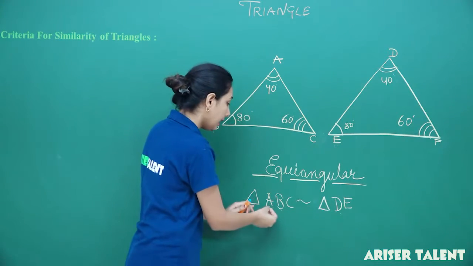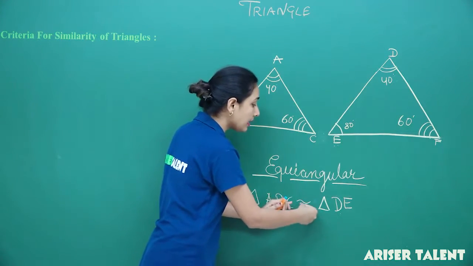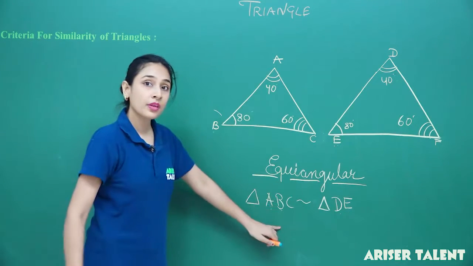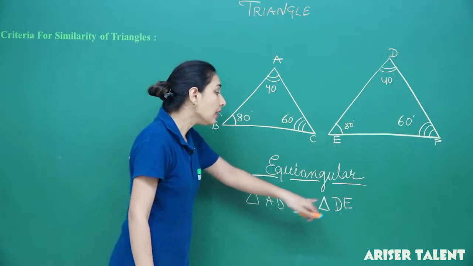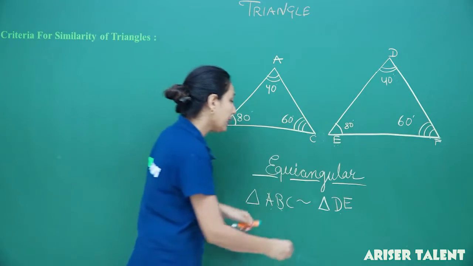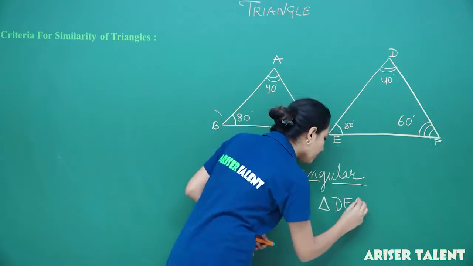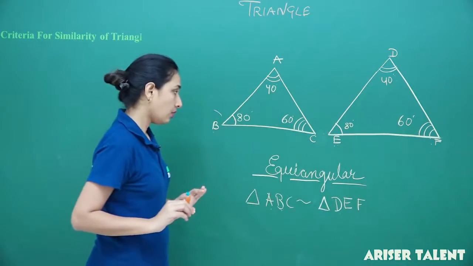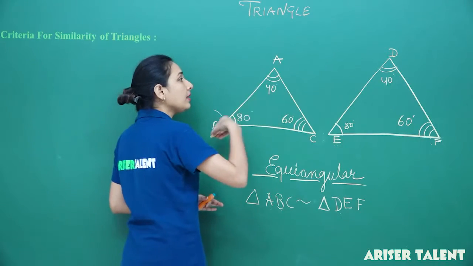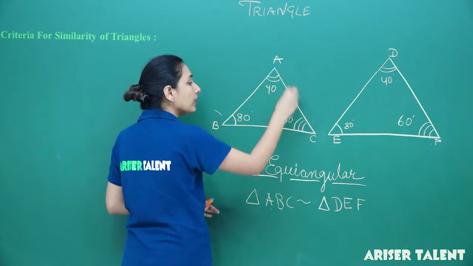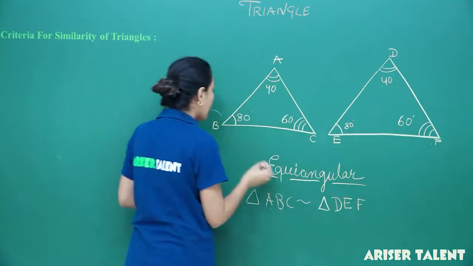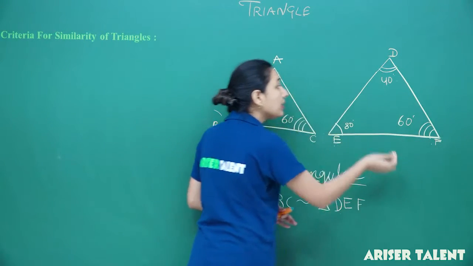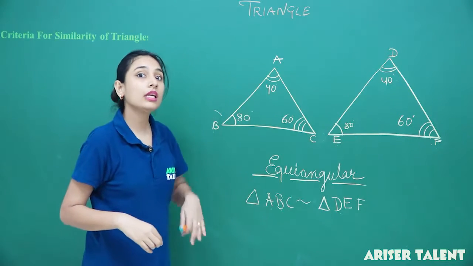We can't write triangle ABC similar to triangle DFE, because angle F is not equal to angle B. Angle E is equal to angle B, and C is equal to F. So if this is true, then AB by DE will be equal to AC by DF and BC by EF. These ratios will be equal.